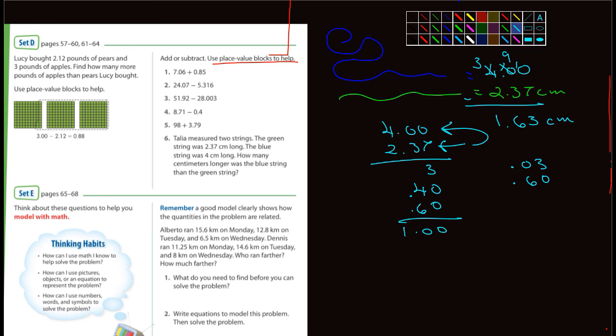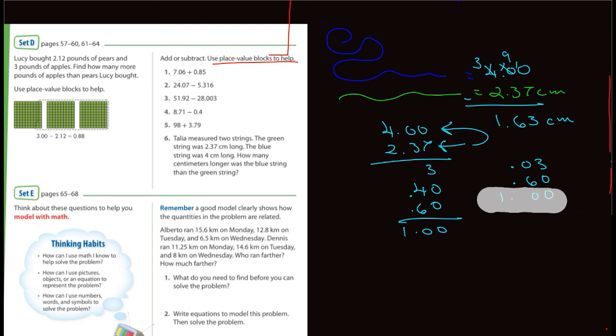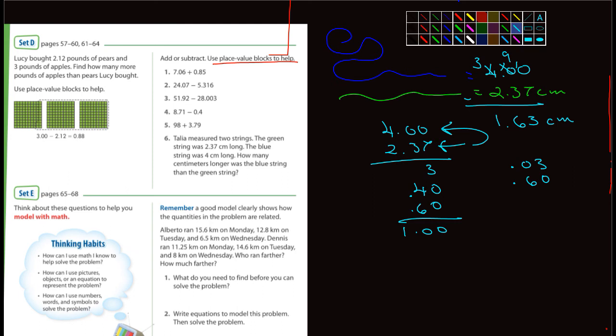And then I would add that 1 in, and 1.00. Oh, I forgot the 4. Whoops, getting ahead of myself here. The 4 is what I had. Added 6, and then I added 1. So what do we have here? 1.63. Yeah, that's the same thing. Okay.